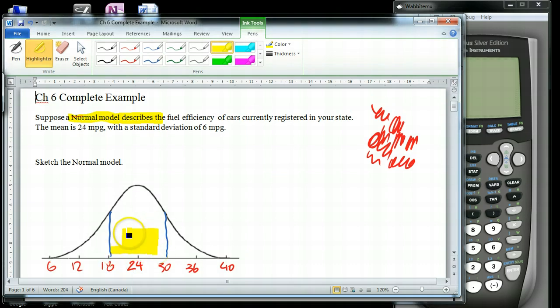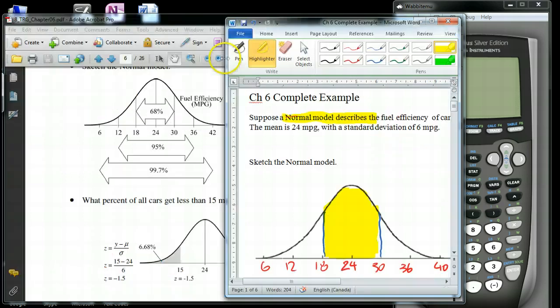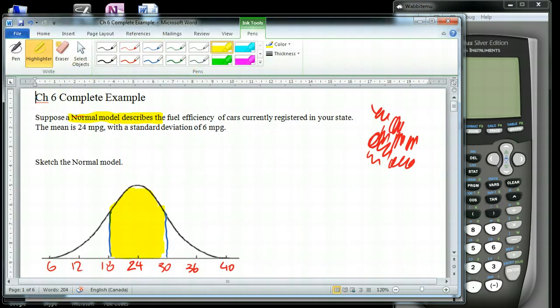From the 68-95-99.7 rule, 68% of the data, in other words, 68% of all vehicles fall between 18 and 30 miles per gallon. That would be 68% in there, and then within 2 standard deviations, this would be 95% of the data.